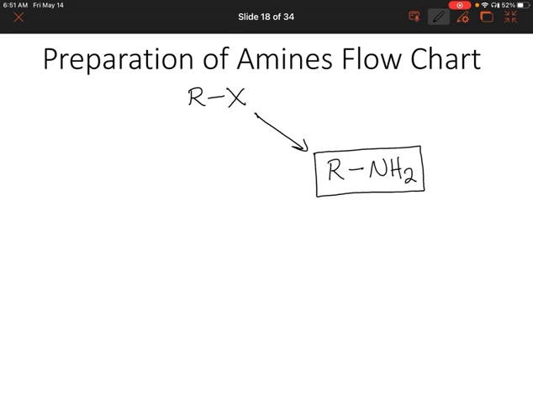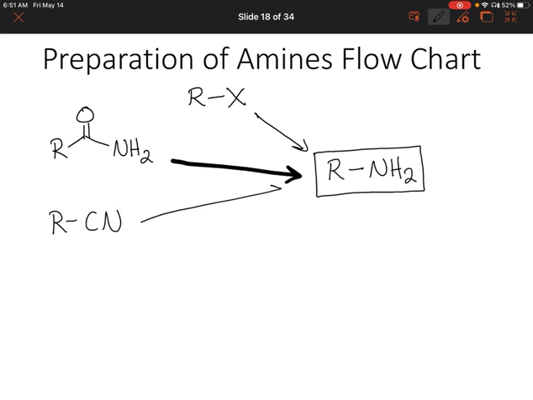and we could also start with an amide. We could start with a nitrile, an aldehyde, or a ketone. I'll just draw an aldehyde.